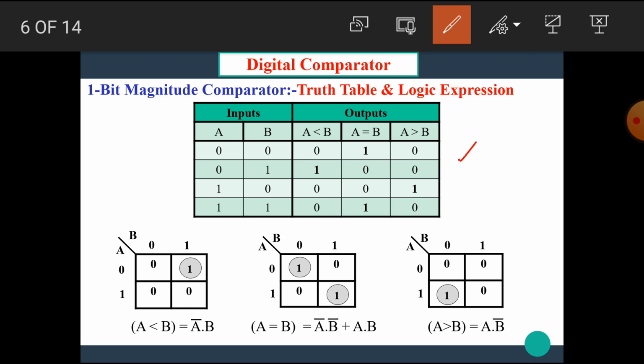Now let's draw the K-map for A less than B. We can draw the K-map for A less than B by using the K-map of two variables.